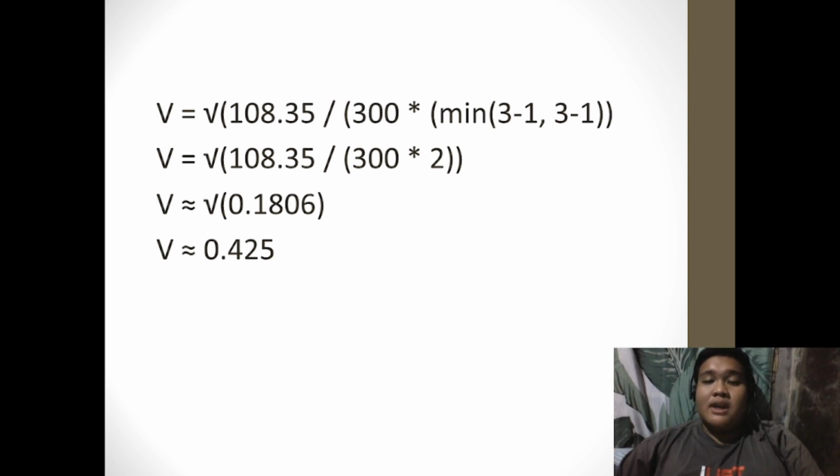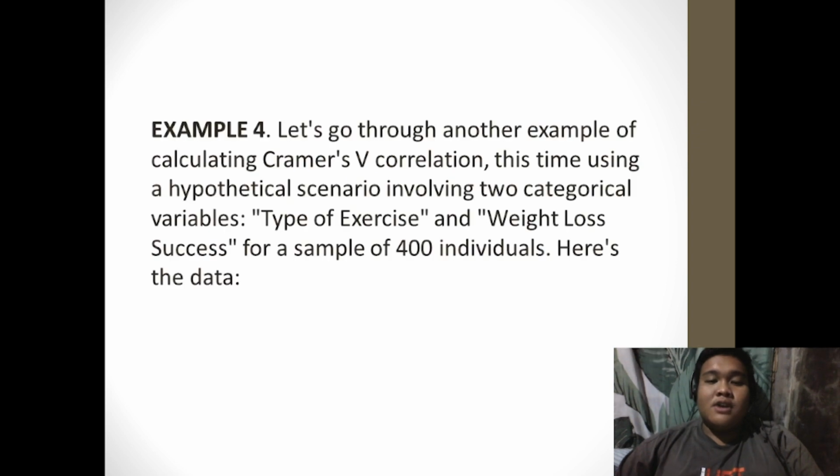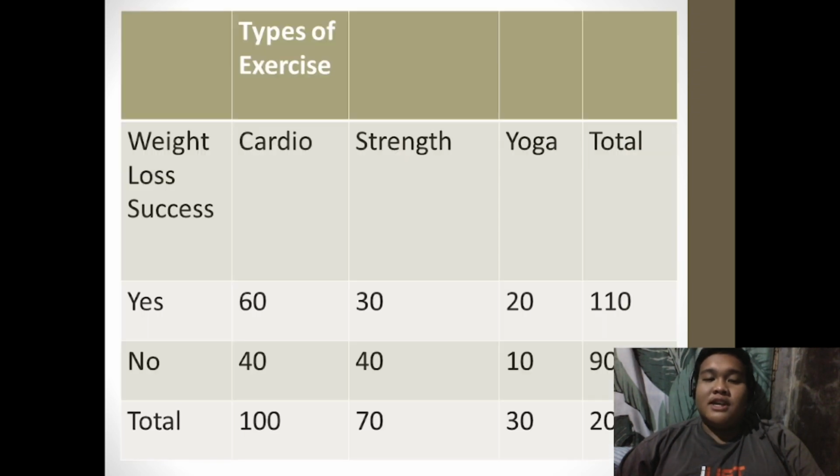So let's proceed to example 4. Example 4 is calculating Cramér's V correlation, this time using a hypothetical scenario involving two categorical variables: type of exercise and weight loss success for a sample of 400 individuals. Here's the data.